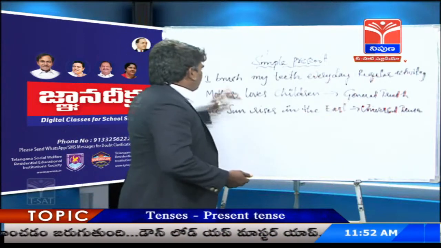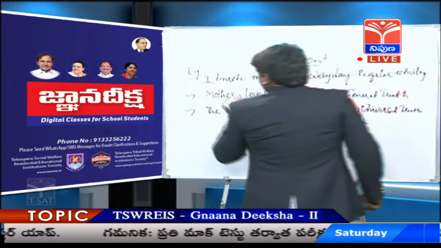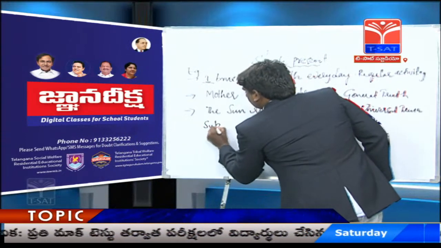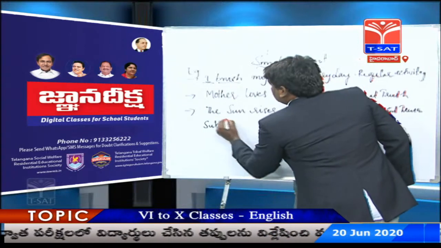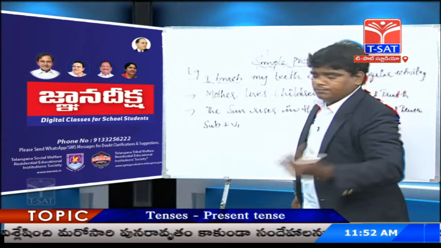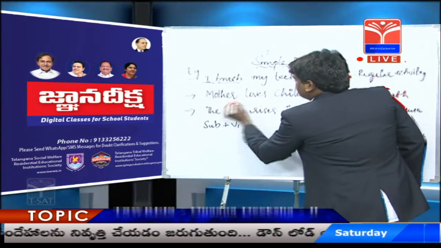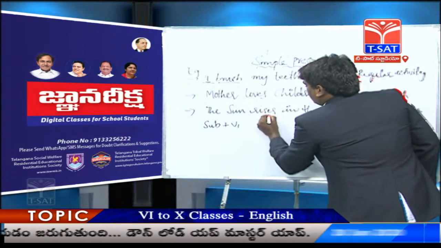See the structure. If we observe the sentences, first one, this is called subject and brush, verb 1 or else present form of the verb. If you observe the second sentence, we added s or es here.